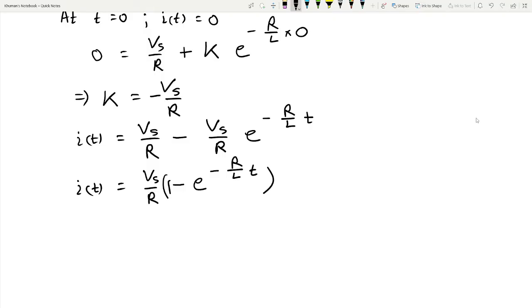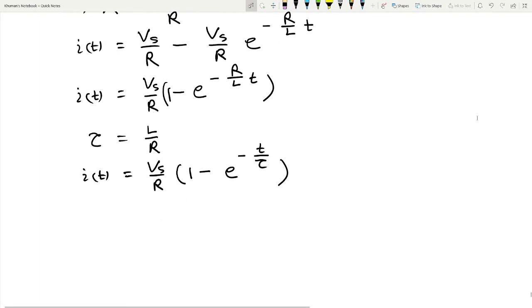Then if we put tau equal to L by R in this equation, we can write it as Vs by R times 1 minus e to the power minus t by tau.